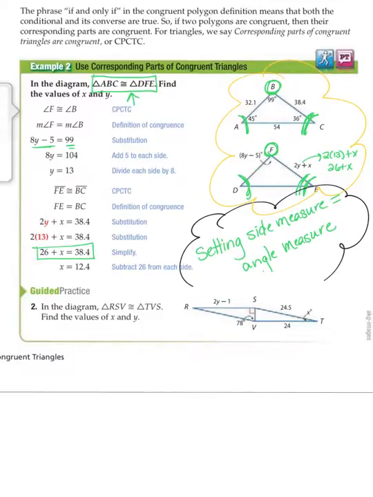Okay, I know that R and T match up. R and T are the same. Then I have S and V. So S is, let's use another color, S is this right triangle.